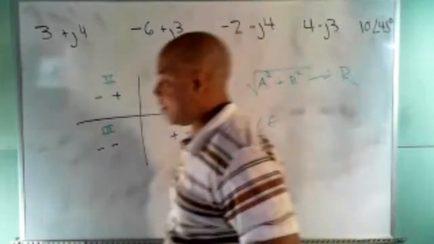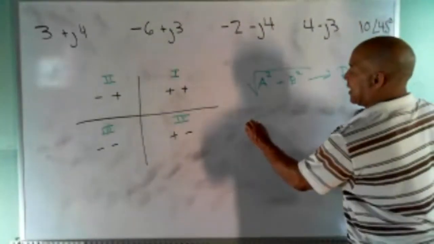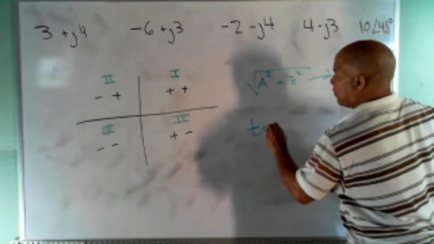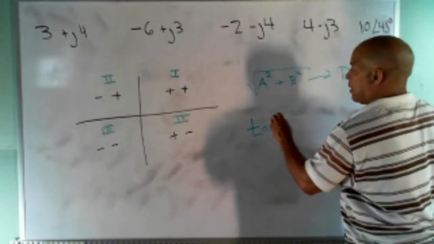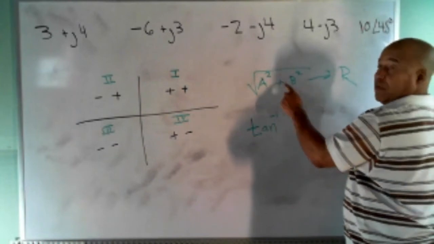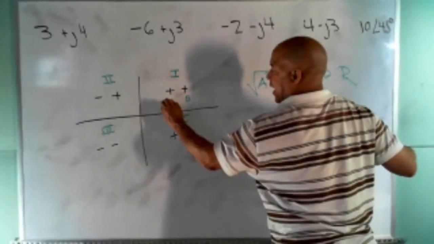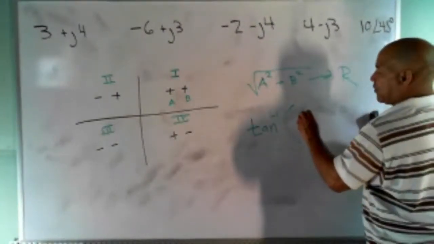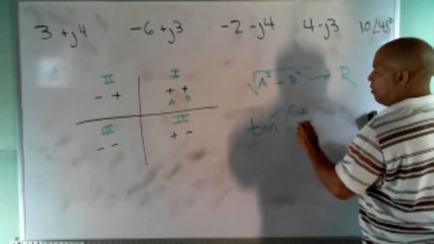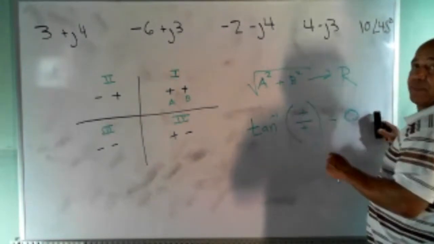Watch how I get the angle. To get the angle, I take the inverse tangent of A over B, I'm sorry, B over A. But you can see if this is B and that's A, then my inverse tangent is a positive number over a positive number. And I'll get some angle over here if you did that.